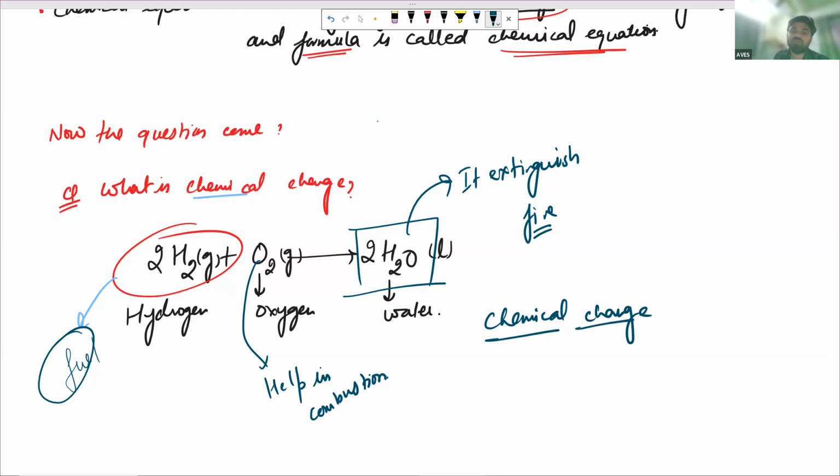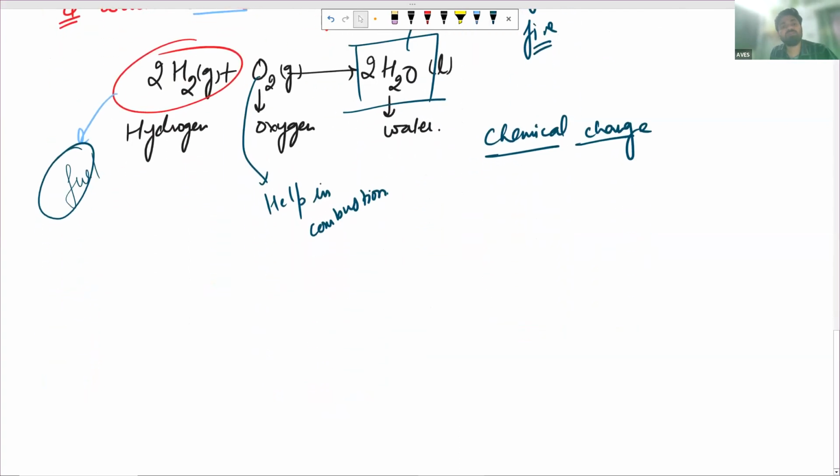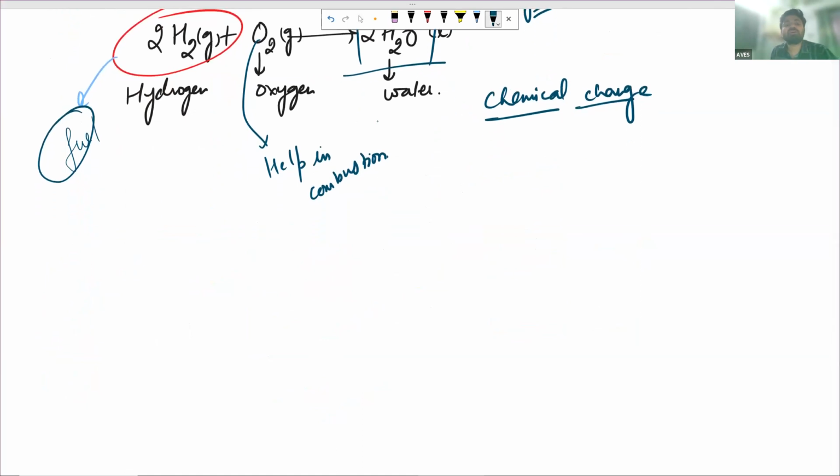So what is a chemical change? The chemical change is the change in which a new substance is formed. Chemical change is a change in which a new substance is formed having entirely different chemical properties from its constituents.